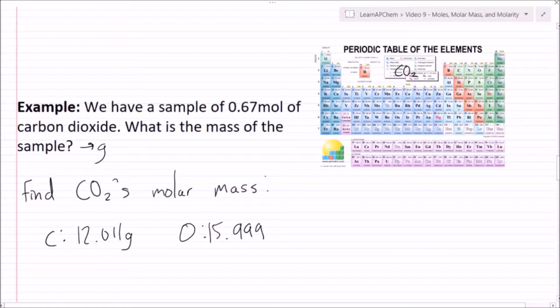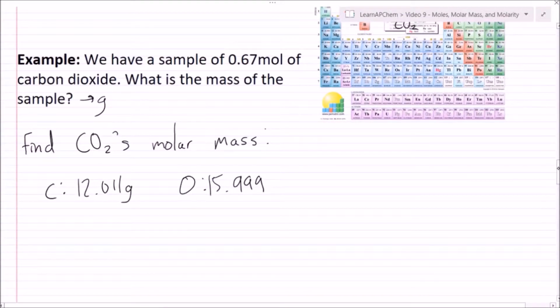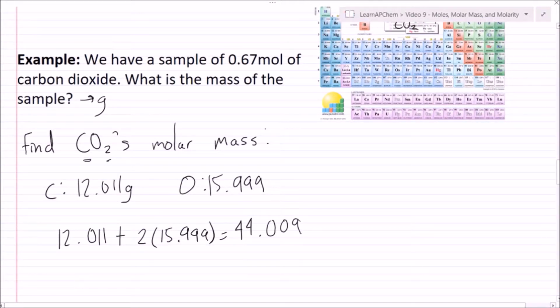I would find this on the periodic table here and here. Now we have to add this up, so we have 1 carbon, just one of those, and then 2 oxygens, so 2 times its molar mass, 15.999. This is going to get us 44.009 grams per mole.